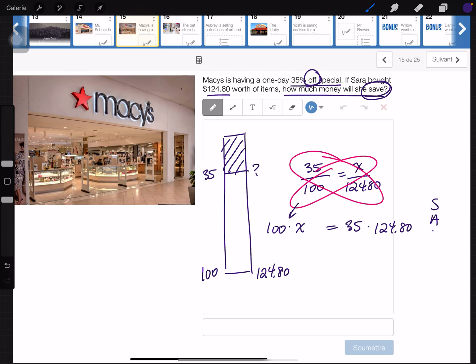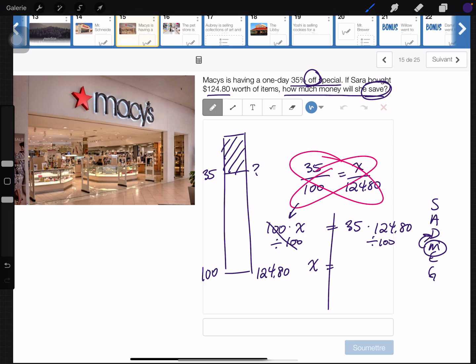Now I have my equation. I want to get x alone, so I can use my SADMEG. I'm going to use the opposite of multiplication, which is division, to get rid of that 100. And I get x equals 35 times 124.8.